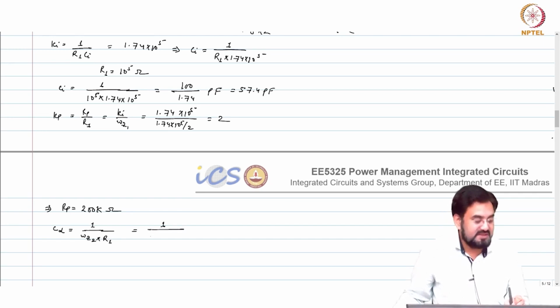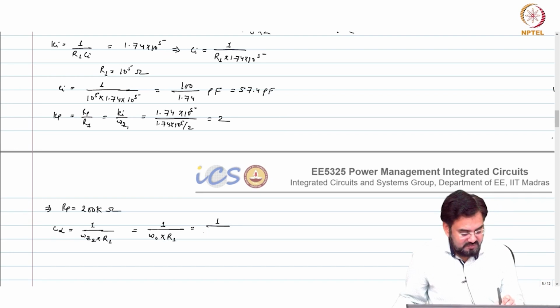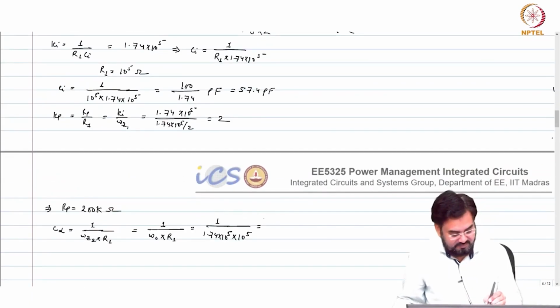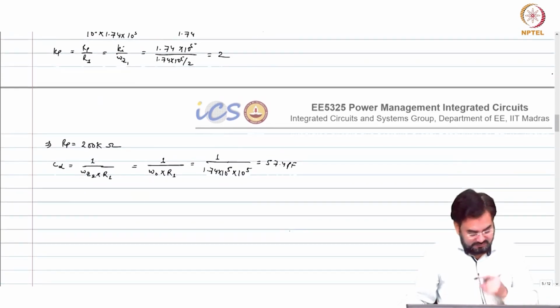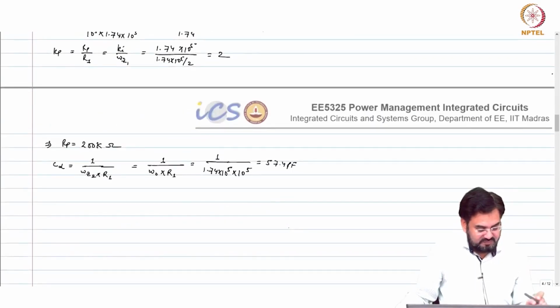Omega Z2 is, we are considering at omega naught into R1, 1.74 into 10 power 5 into 10 power 5, which is same as your CI. 57.4 picofarad. Okay. So now all the values are known. We will substitute this and plot.